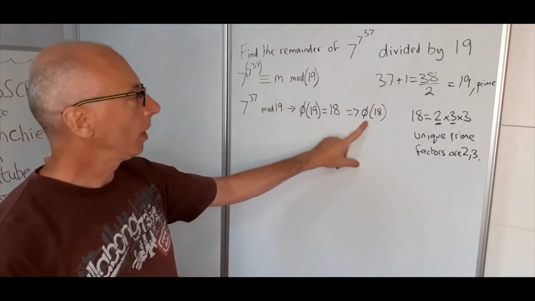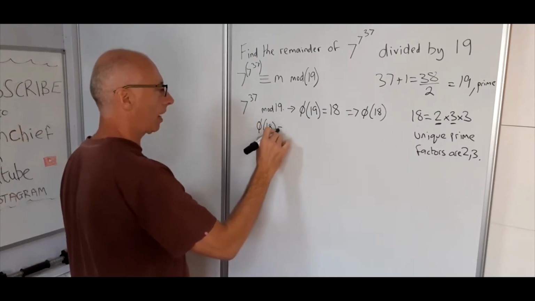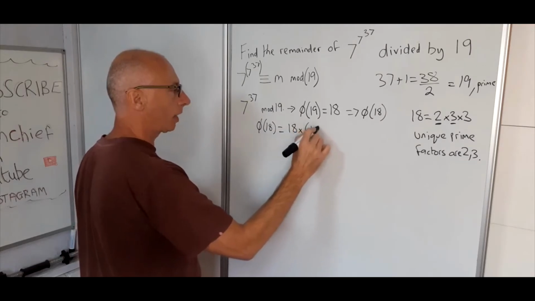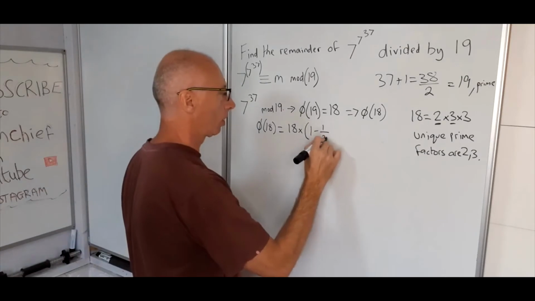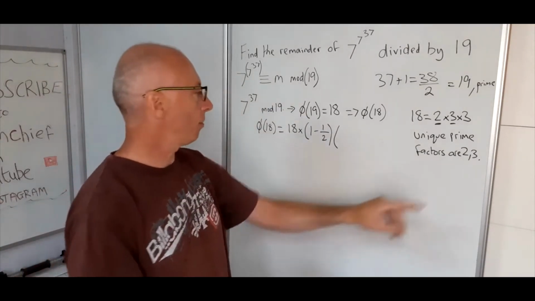So to find phi of 18, that equals 18 times 1 minus 1 over the first prime number, that's 2, multiplied by 1 minus 1 over 3.